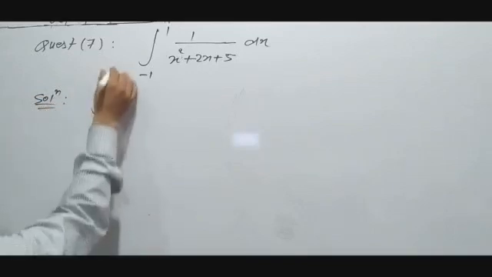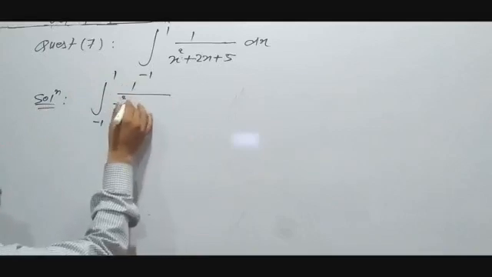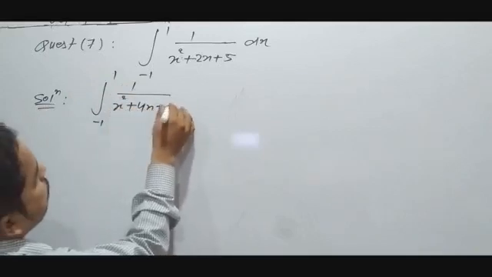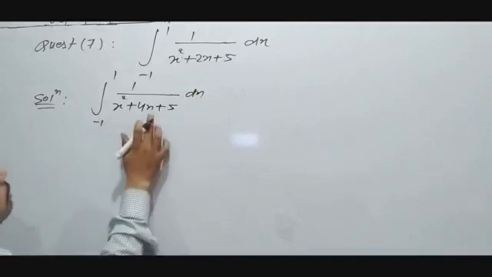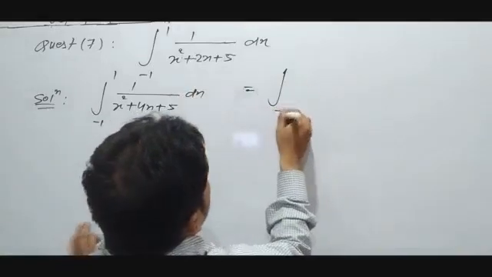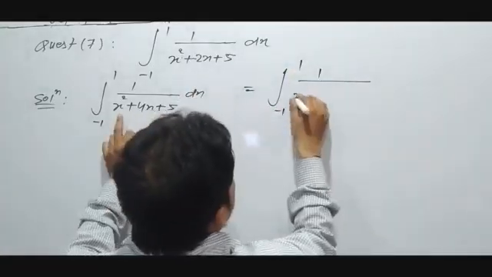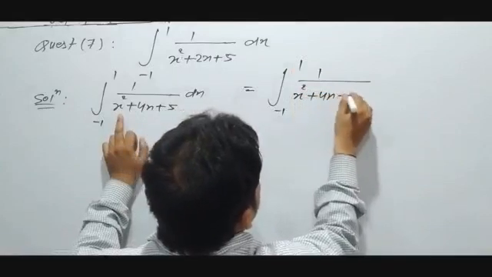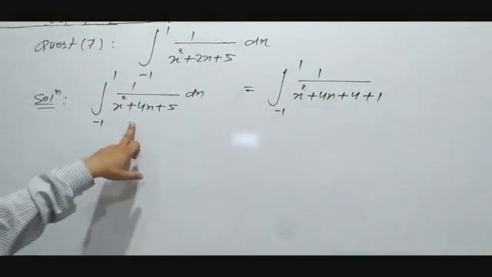integration over minus 1 to 1 upon x square plus 4x plus 5 dx, and this denominator we can write as integration over minus 1 to 1 upon x square plus 4x plus 4 plus 1. 5 can be written as 4 plus 1.